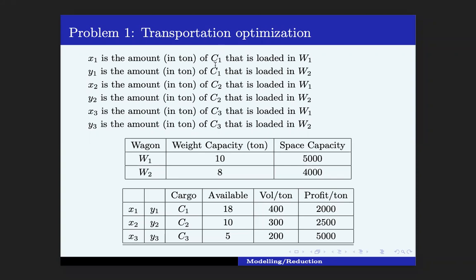X1 is the amount of C1 being loaded in W1. Y1 is the amount of C1 loaded in W2. X2 is the amount of C2 loaded in W1. Y2 is the amount of C2 loaded in W2, and similarly X3 and Y3. So for each cargo there is an X and a Y, and for each wagon there is X1, X2, X3 and Y1, Y2, Y3.